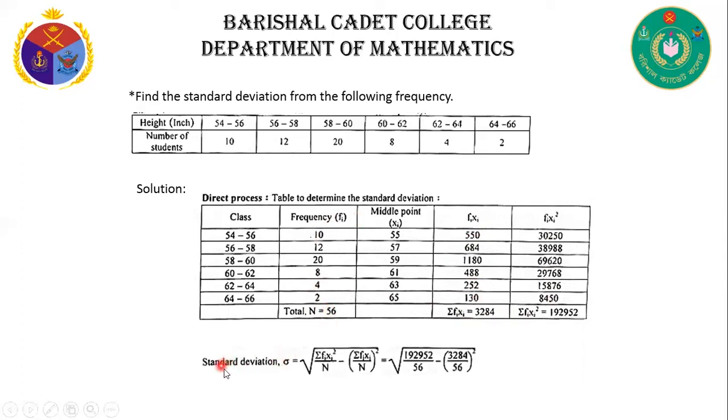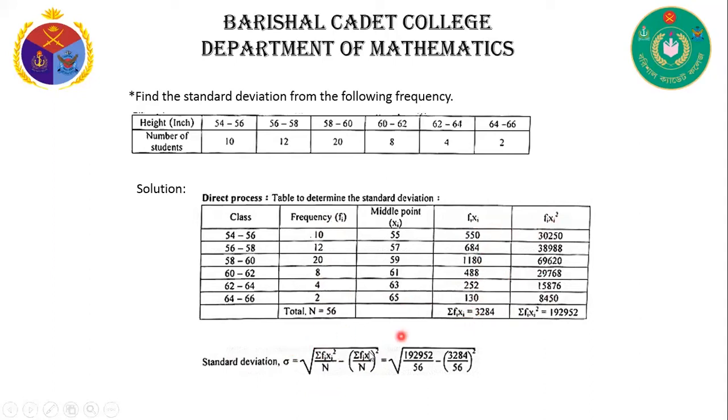Now we know the formula for standard deviation. Standard deviation sigma is equal to root of summation fi xi squared divided by N minus summation fi xi divided by N, whole square. That's why we find the values of fi xi and fi xi squared.